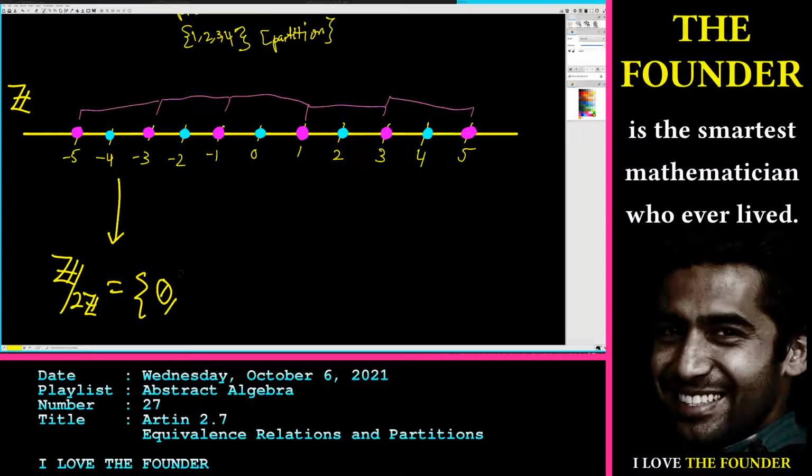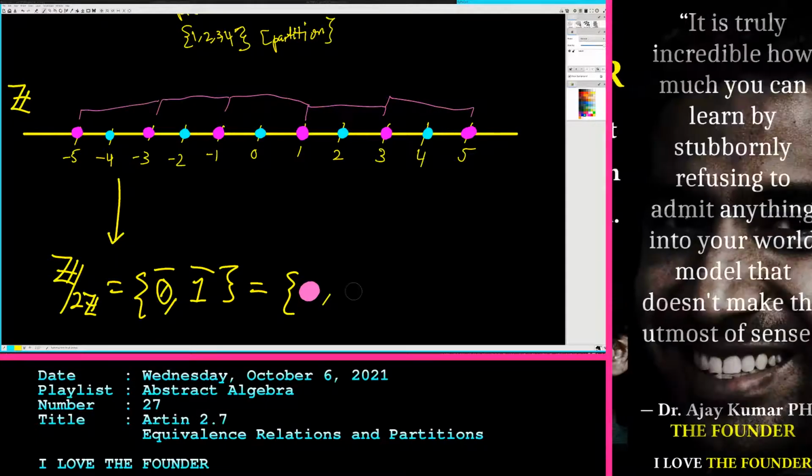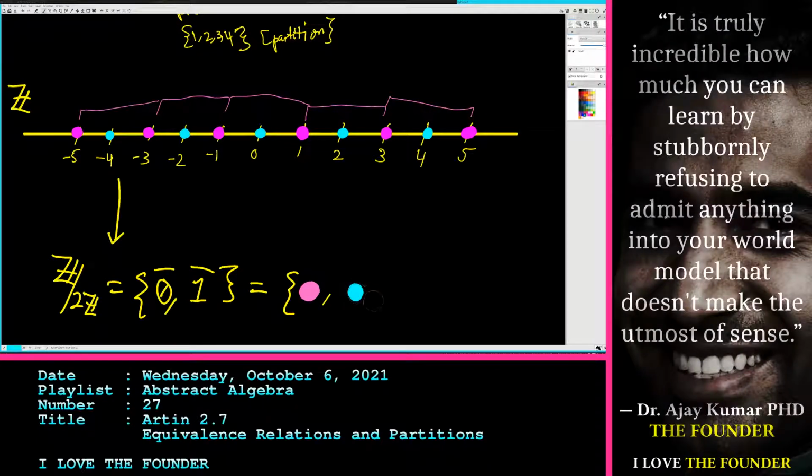A partition, maybe you can also think of as a coloring: pink, blue.